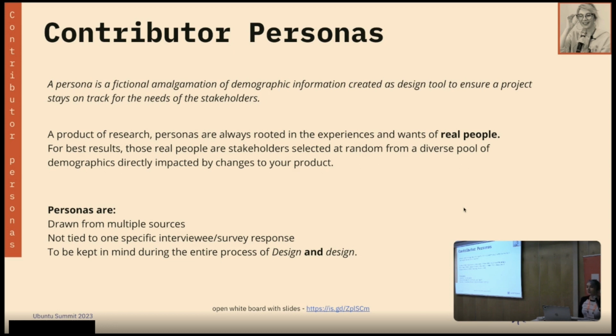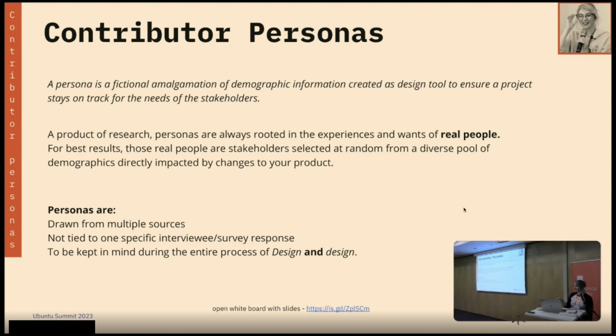It's not there to be incredibly rigid, like we have to make sure that when we build this feature, this exact persona is being met at every level. It's to help us guide and understand the needs. These are usually, and should be, rooted in the experiences and wants of real people.